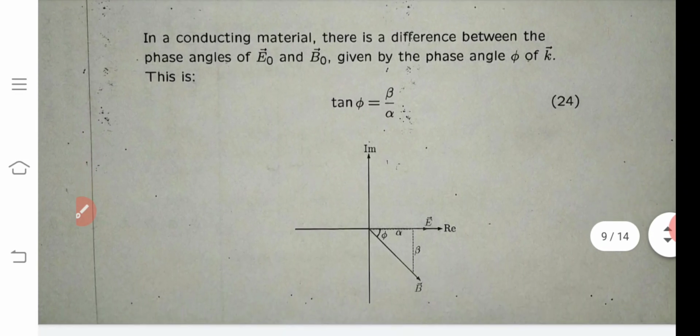In a conducting material, there is a difference between the phase angles of E and B, giving the phase angle psi here.